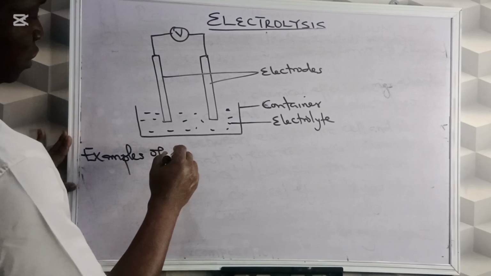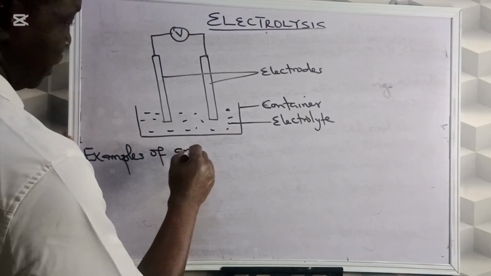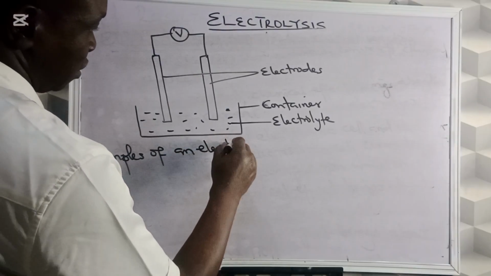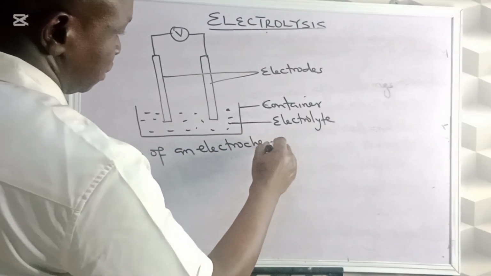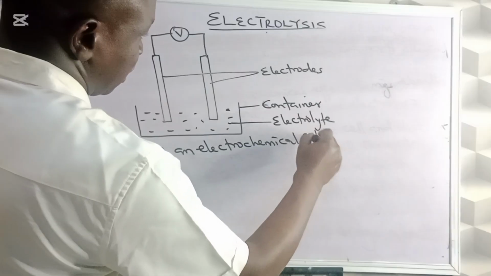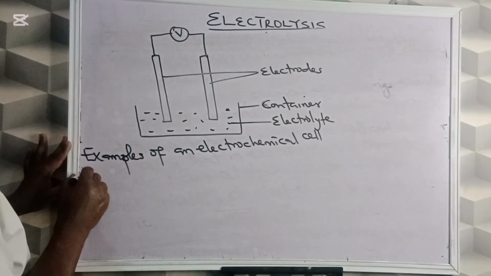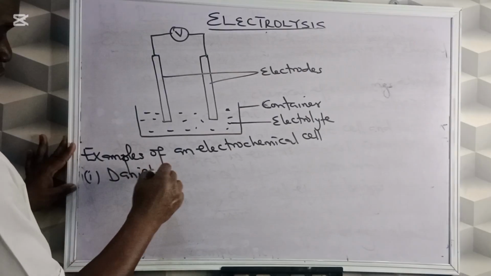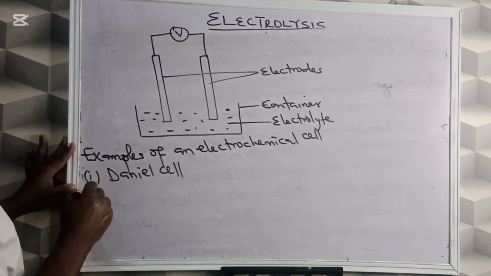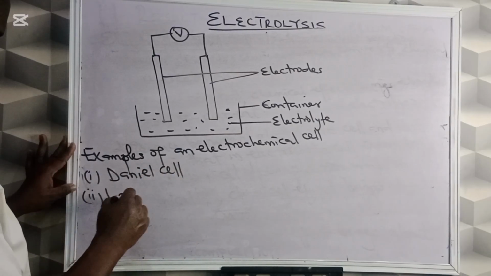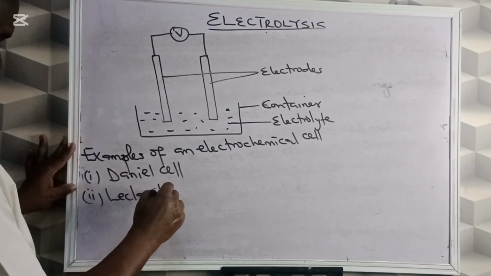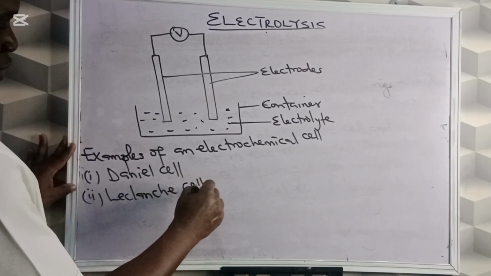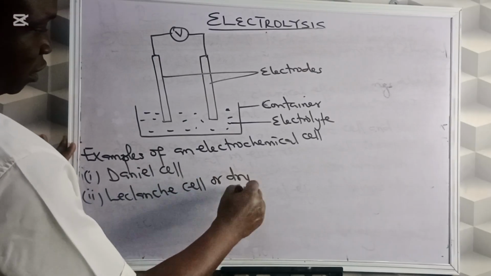So, examples of an electrochemical cell. One, we have the Daniel cell. We are coming to that. We have the Leclanche cell, or simply dry cell.